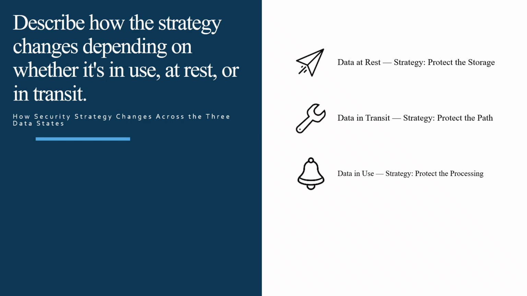Next is data in use. Data in use is actively being processed in RAM, CPUs, or any application, because it must be decrypted to be used. This is a less secure state.